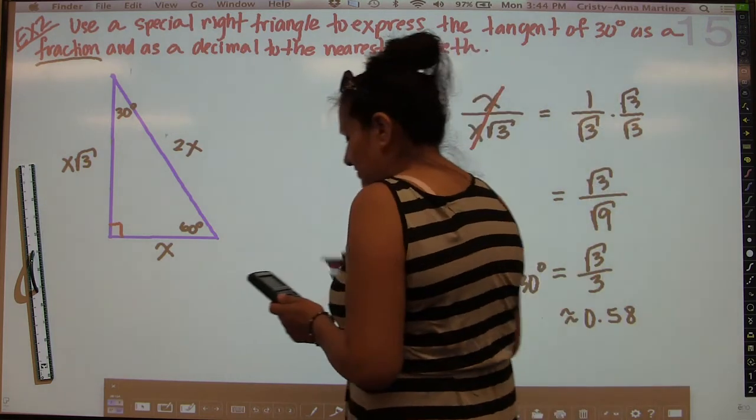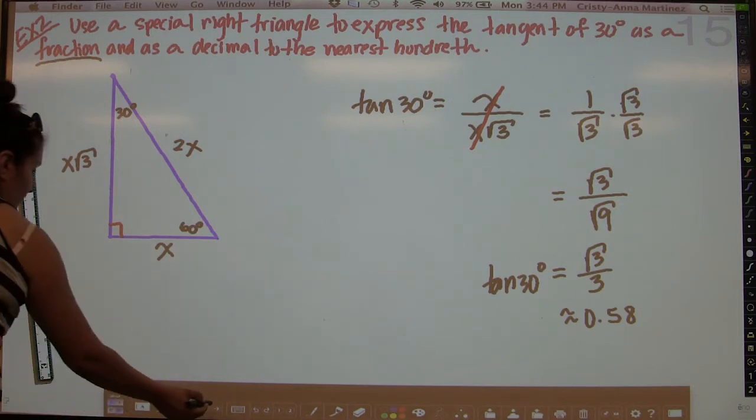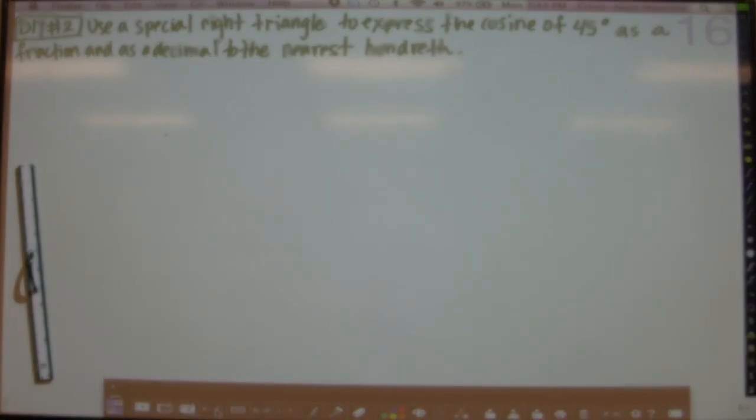It's 0.577, so we're going to round to the nearest hundredth, and we get 0.58 for our ratio. Now we're going to have you do the same thing, only this time using the 45, 45, 90. Again, it'll help if you draw out the diagram and then use the formulas from our previous lesson to label the sides.